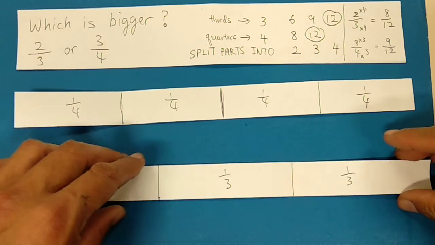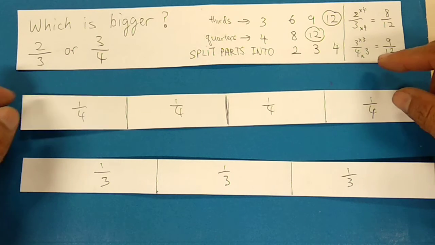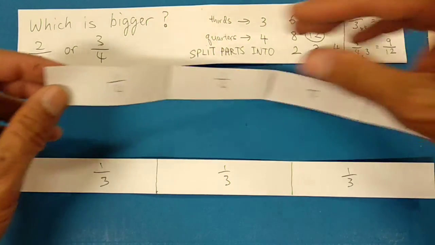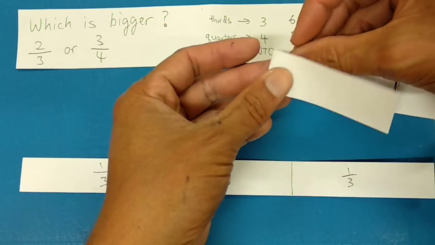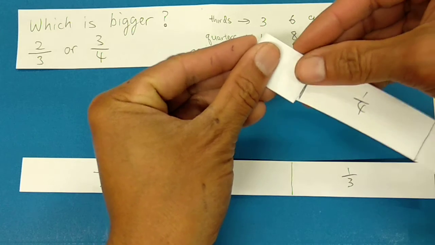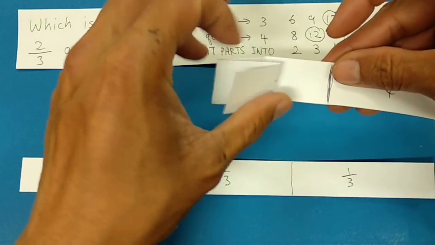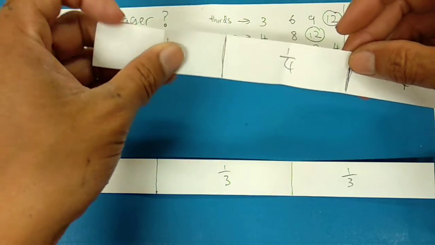Now, to physically show what actually happens, let's take a look at the 2/3. Oh, sorry.